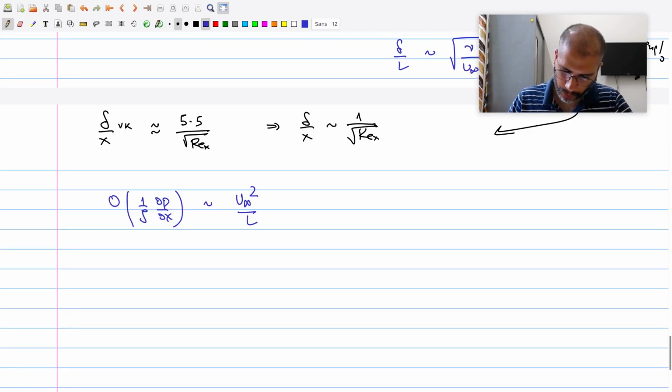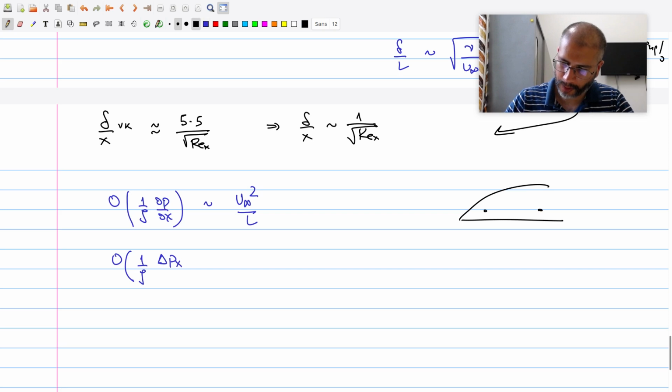If I simplify a bit further, I can think of del P by del X in terms of two points, 1 and 2, inside the boundary layer. I am talking about the delta P x between points 1 and 2 upon the x distance between them, and if they are separated by the full length of the plate, then I get this kind of variation.